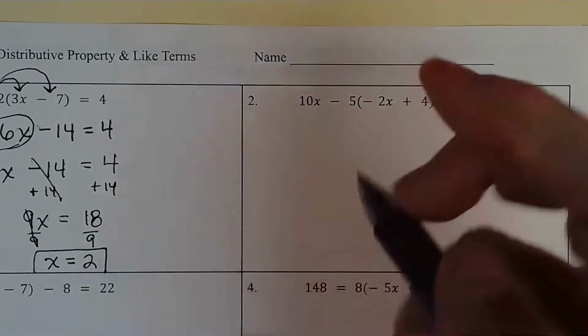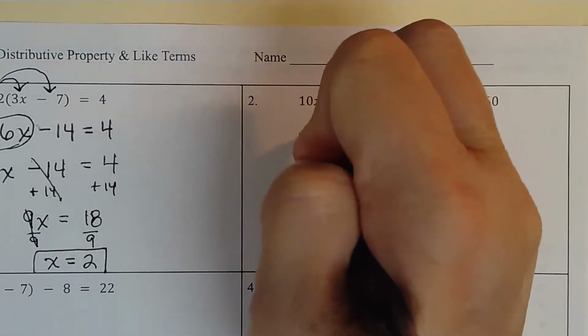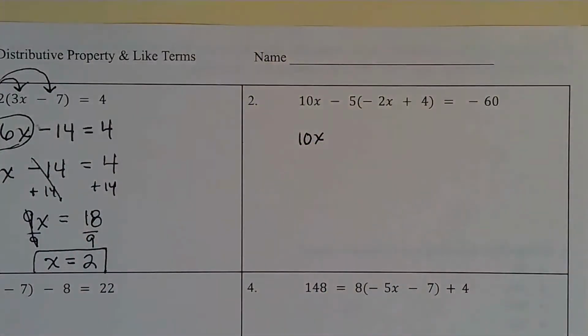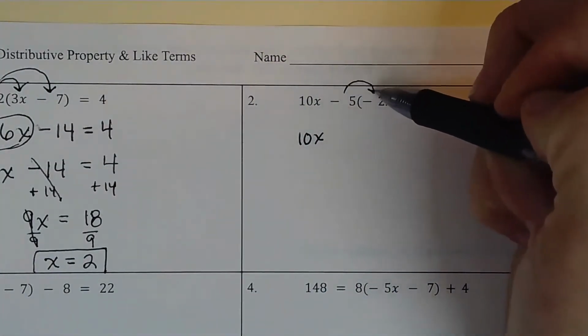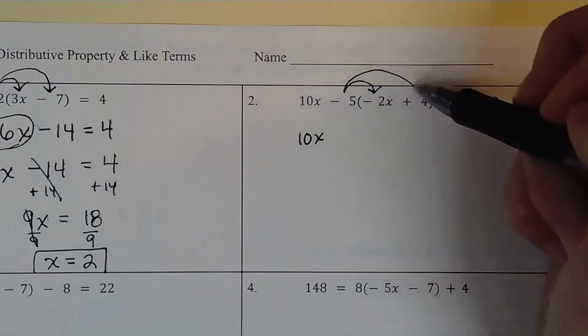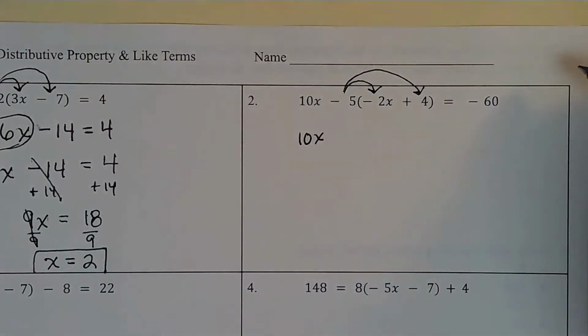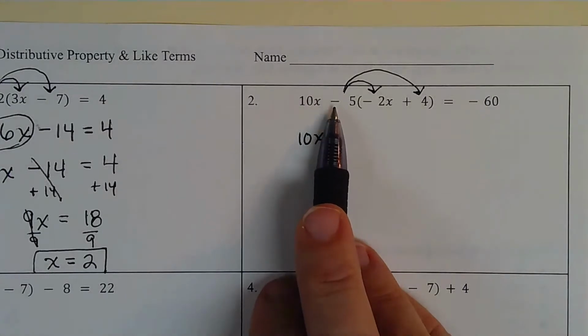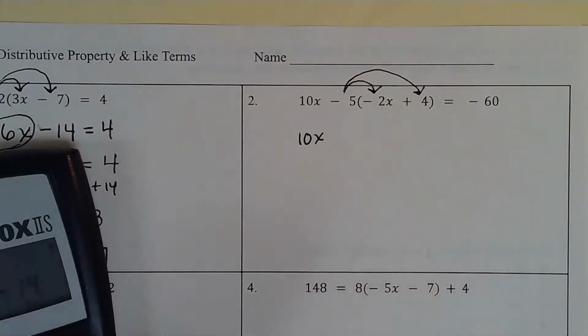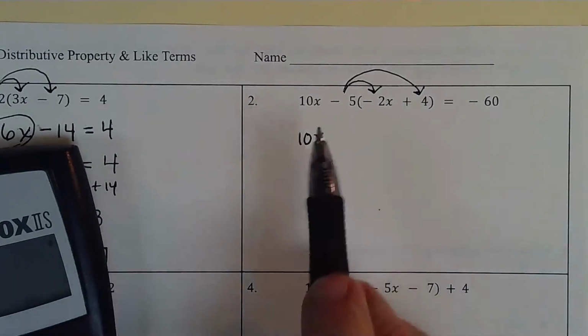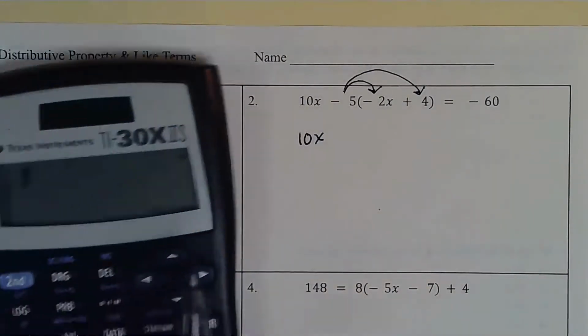Now this 10x, I'm not going to do anything with my 10x yet. So I'm just going to bring it down. And again, I'm going to distribute my negative 5 times 2x and my negative 5 times 4. So negative 5 times a negative 2x. Now, I can't put an x in my calculator, okay? But I can do negative 5 times negative 2.